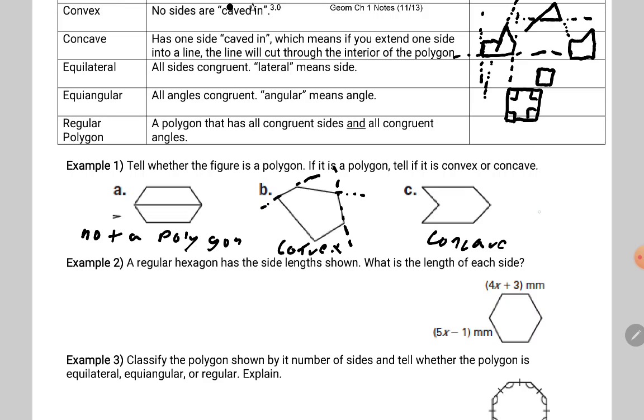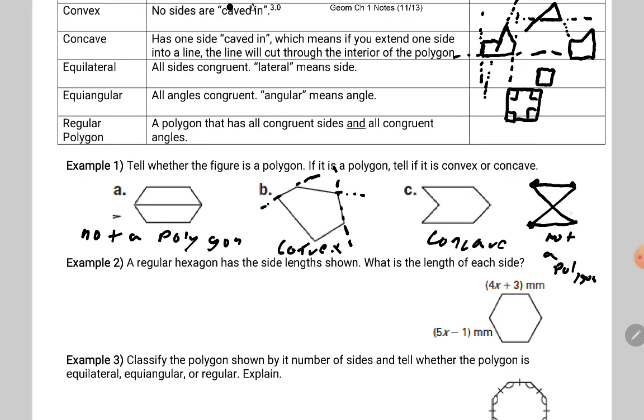And then just in case, let's do one more. Once again, that is not a polygon. So this one we only have two sides intersecting at each of the points.